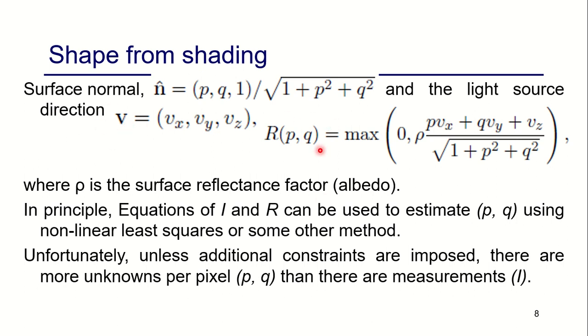Then the reflectance is given in this equation, where rho is the surface reflectance factor, which is also called the albedo. In principle, the equations of I and R can be used to estimate this p comma q using non-linear least squares or some other method. Unfortunately, unless additional constraints are imposed, there are more unknowns for each pixel p comma q than there are measurements I.